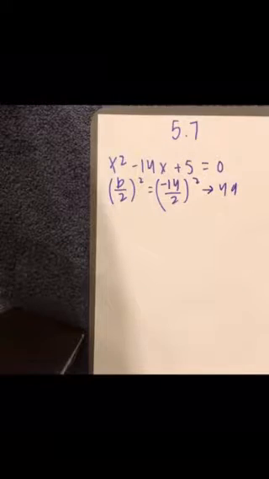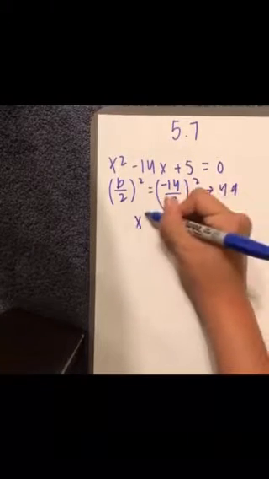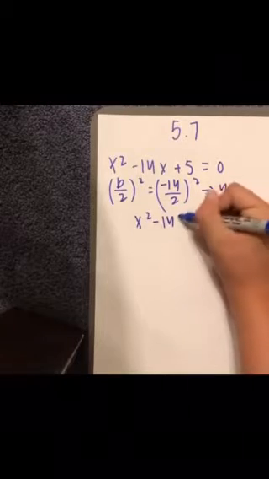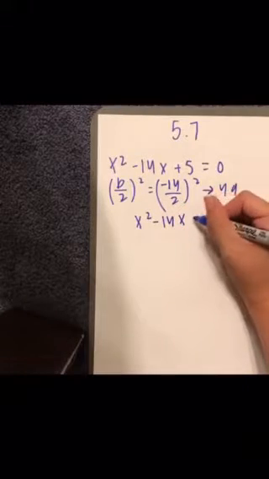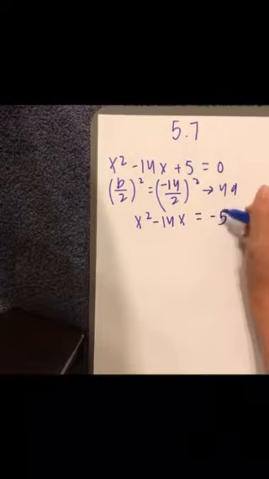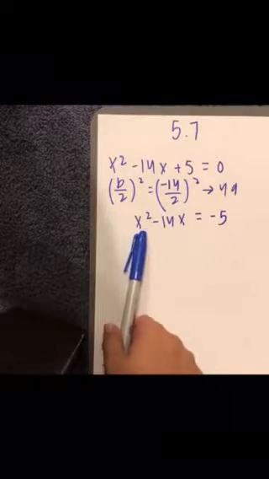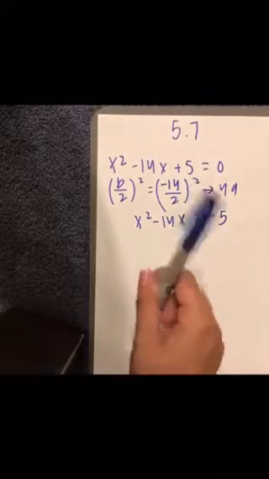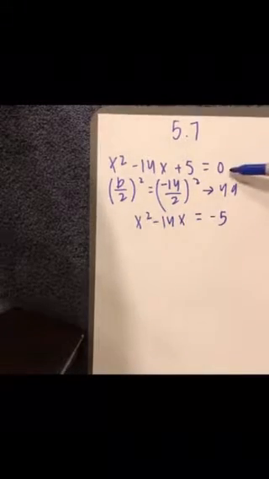So we're going to rewrite this equation, but we're going to move negative 5 across the equation. The reason why we do this is because when we minus negative 5, there's a 0 right here.